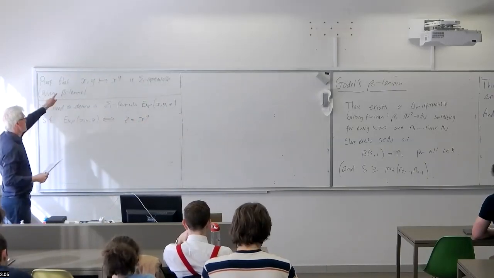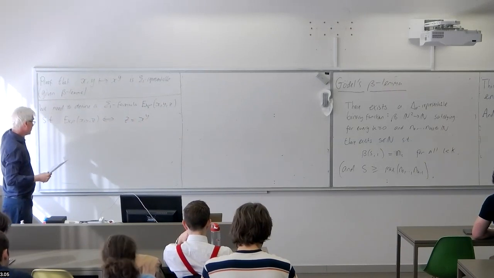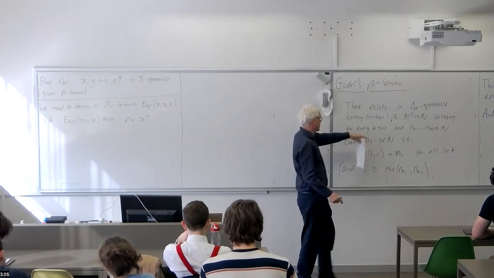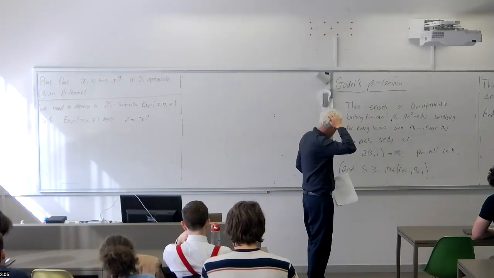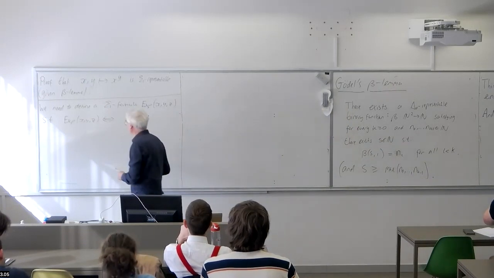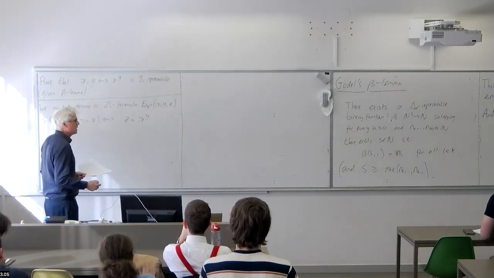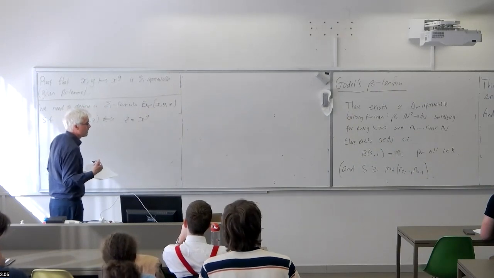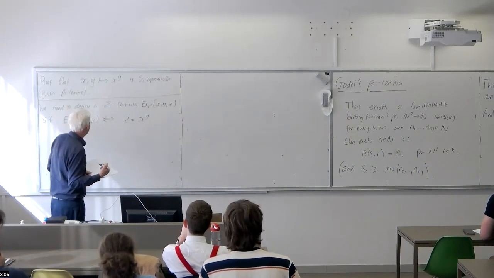And we're going to use the beta lemma. So the beta lemma tells us this beta function with these nice properties allows us to extract the element of the numerical encoding of a sequence of natural numbers. We're going to use the fact that this is delta 0 representable.